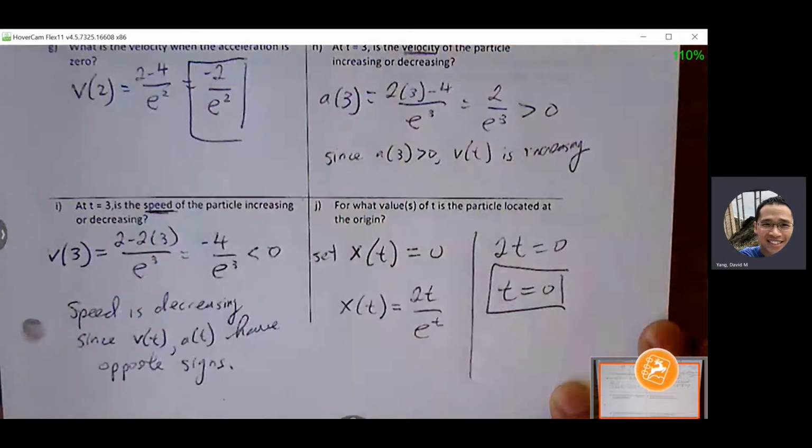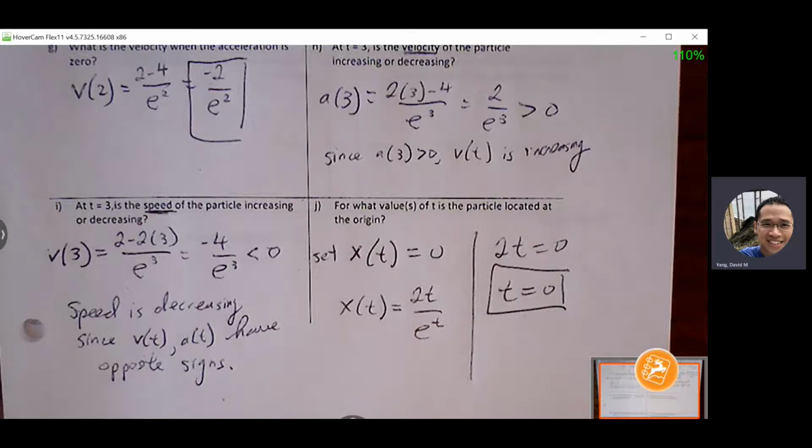So at t equals 0, the particle is going to be at the origin. So it looks like this particle is starting at the origin and then moving from there. Any questions?